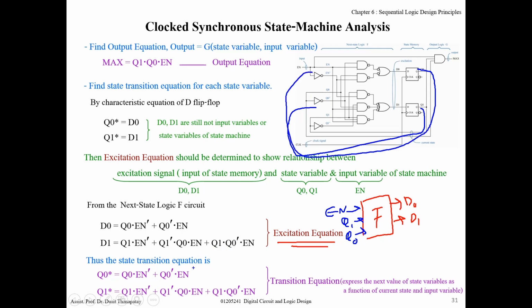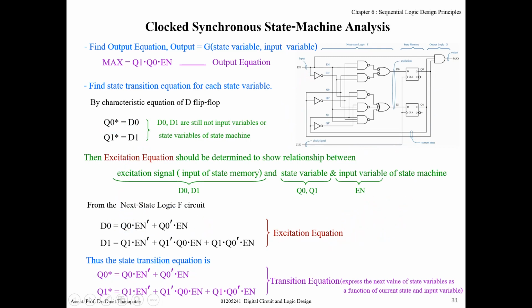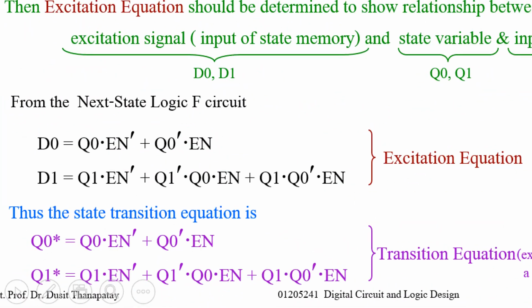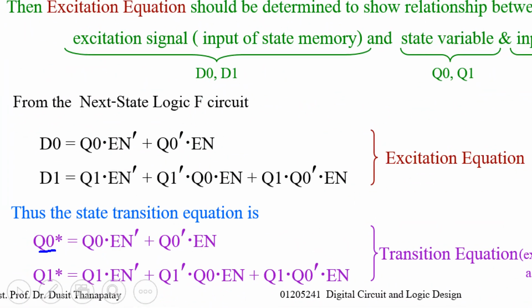And when you substitute this term into the characteristic equation, you will obtain the relationship between Q star and the input and state variable. So you will get the state transition equation of the circuit, Q0 star and Q1 star.